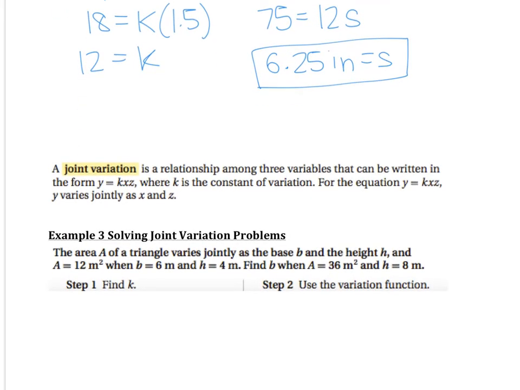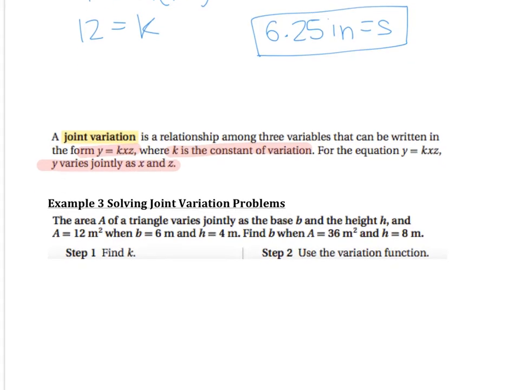Okay, joint variation is when we have a relationship among three variables. It's written in the form y equals kxz. Again, k is the constant of variation. In words, it's said y varies jointly as x and z.